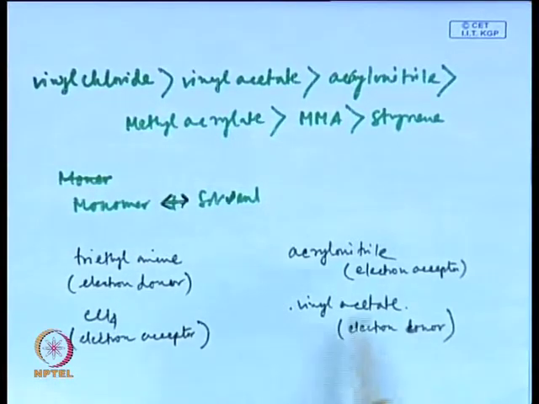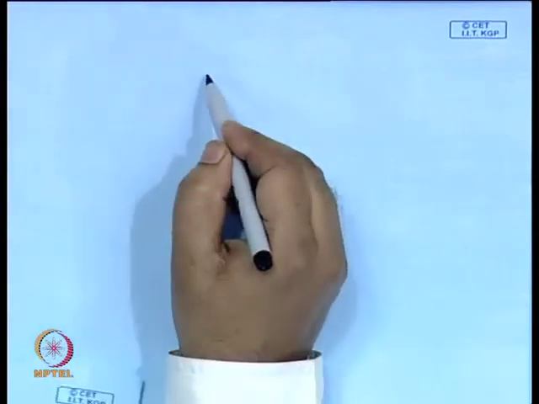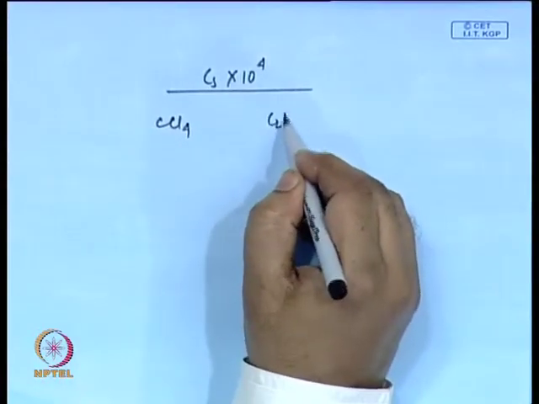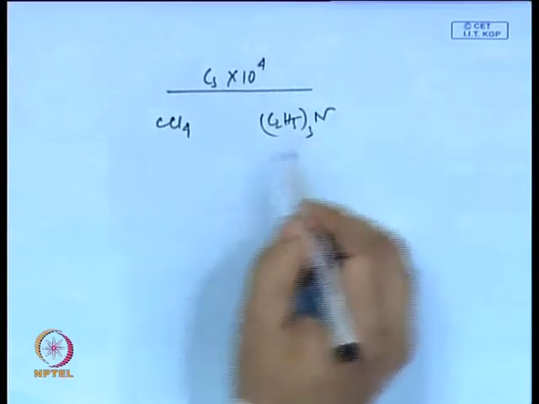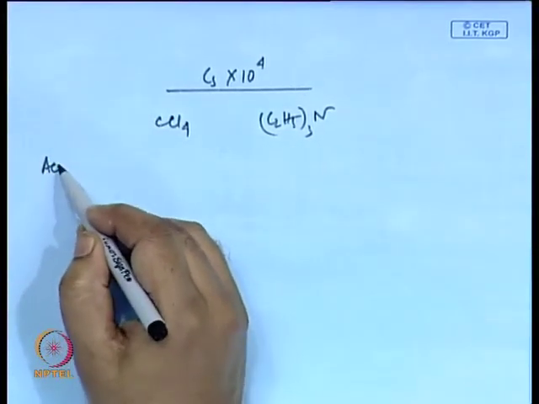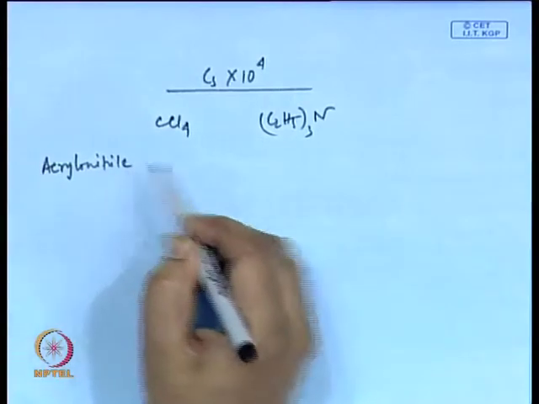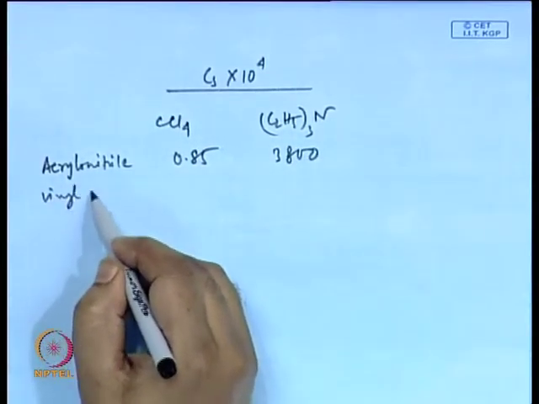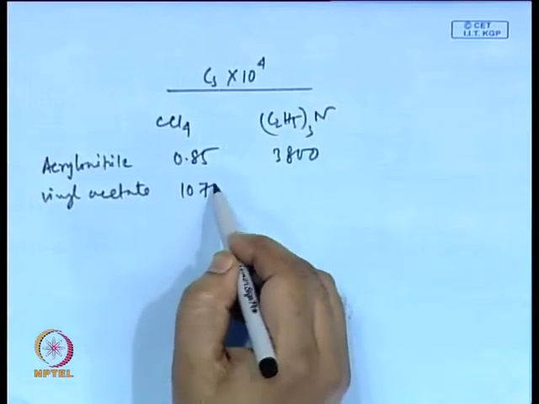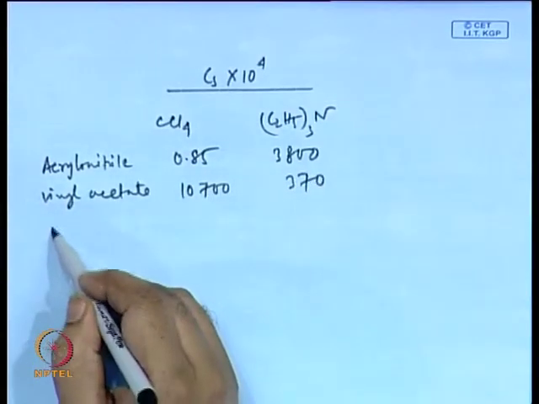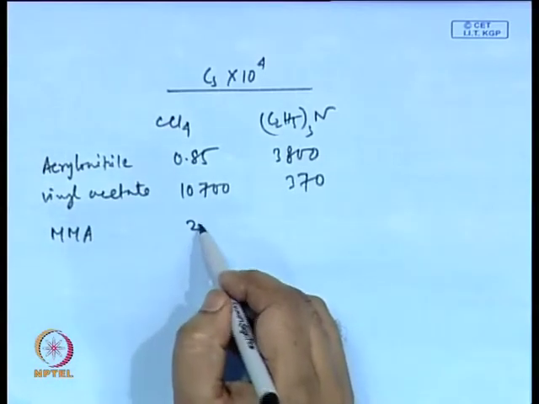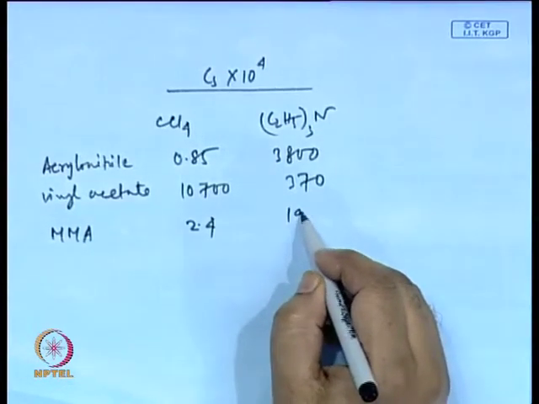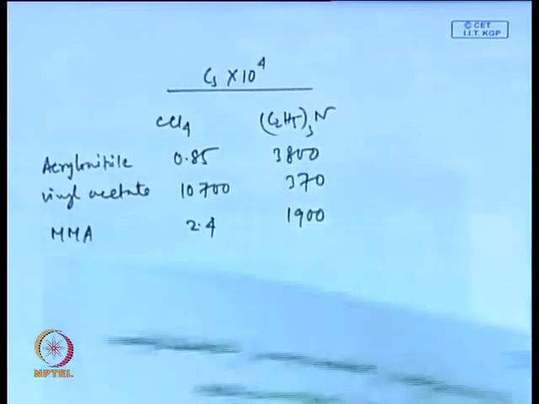So, if you compare the values, and put a third monomer, methyl methacrylate, which is again an electron accepting monomer, let us see whether it is more generic.